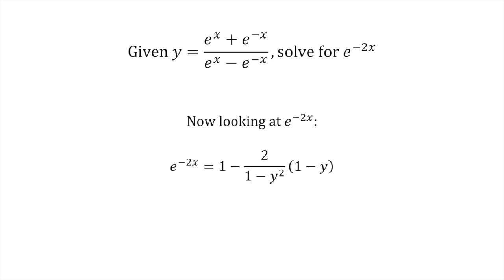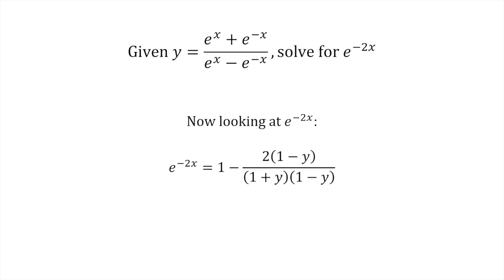And if you are attentive, you will see that the 1 minus y squared is just a difference of two squares. So we're able to expand that out into this. And on the top of that fraction, we have 1 minus y, and so same on the bottom. So we can just cancel it out.